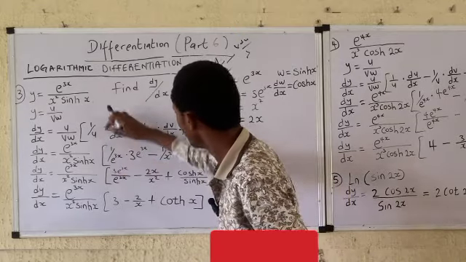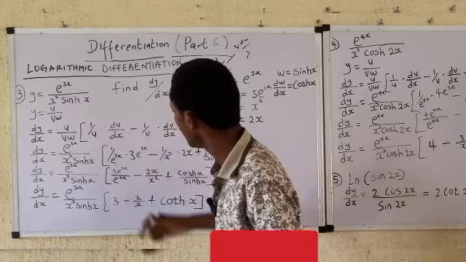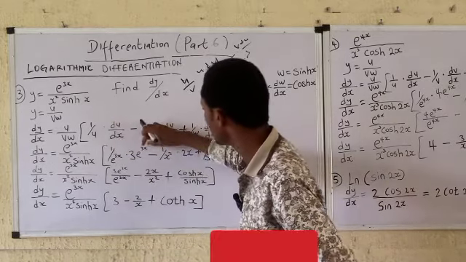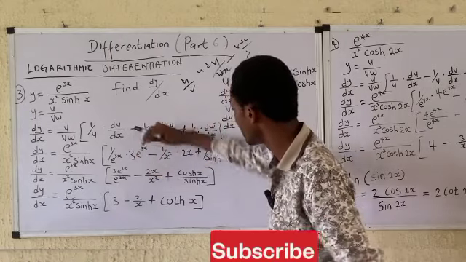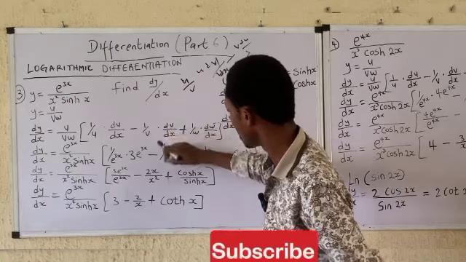Now bracket open, we have 1 all over our u, which is our exponential raised to the power of 3x, times the differential form of our u, which is 3 exponential raised to the power of 3x, minus 1 all over v.